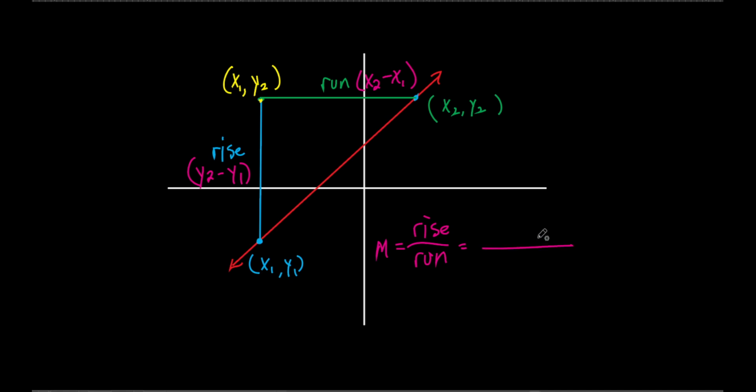So what is the rise? What do we say the rise was, in terms of x and y's? y2 minus y1. All right, and what's the run according to the x's? x2 minus x1. That is your formula for the slope.